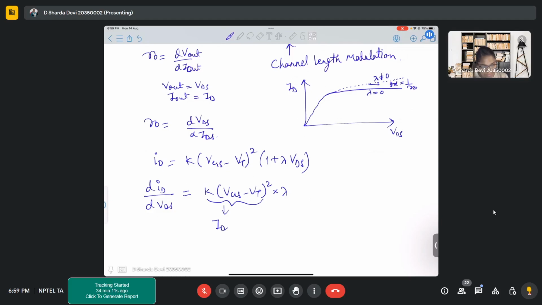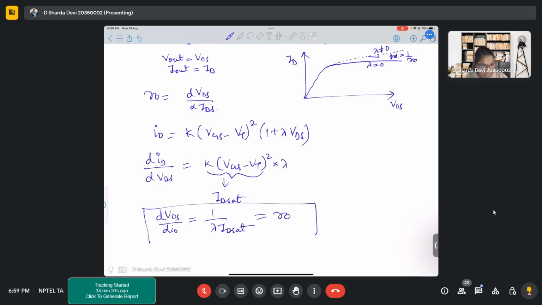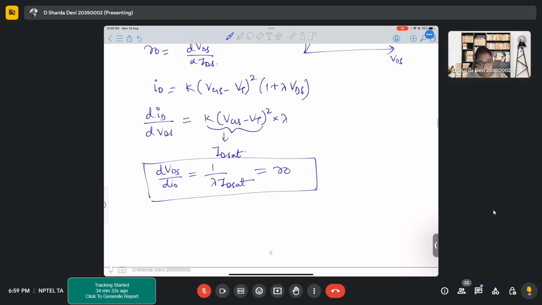This is your ID sat, right? k(VGS minus VT) whole square is your ID sat, and into lambda. So now when I want dVDS by dID, it is simply 1 upon lambda ID sat, which is R naught, which we call the output resistance.